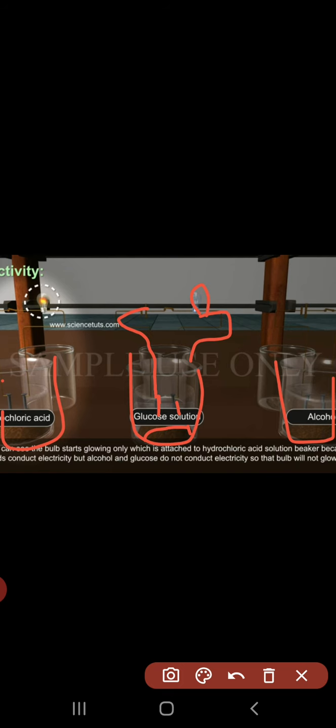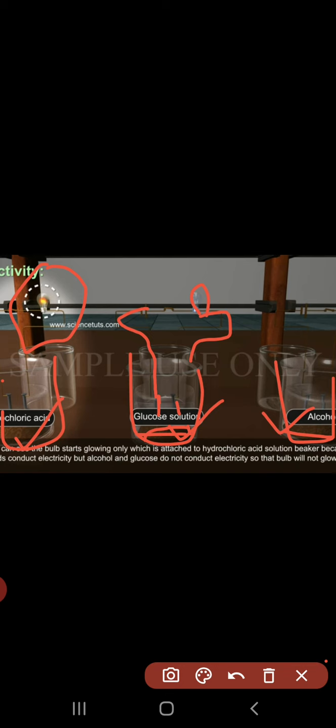We take three of these. In the first beaker we add hydrochloric acid, in the second beaker glucose solution, and in the third beaker alcohol solution. Which bulb glows? Only the beaker having hydrochloric acid glows. The bulbs of the beakers having glucose solution and alcohol solution do not glow.